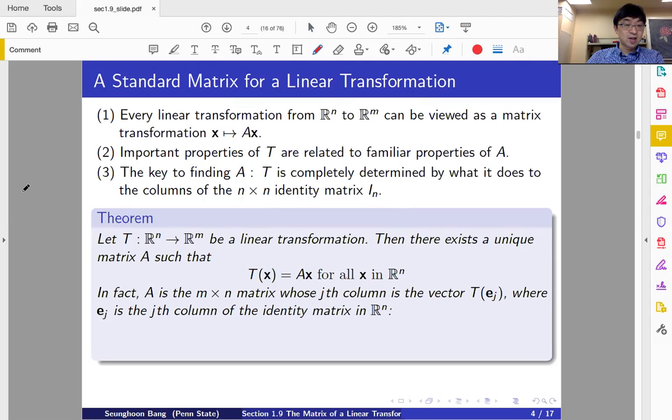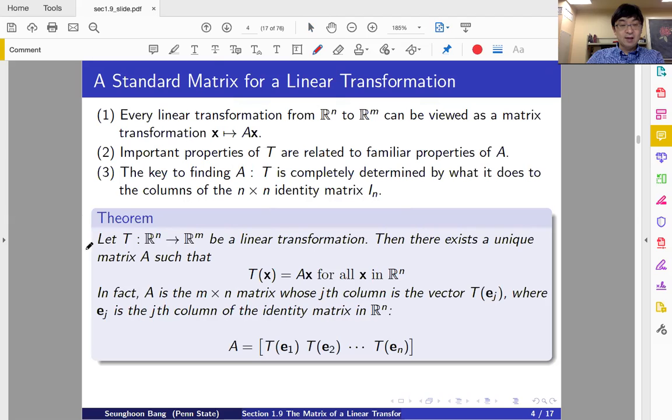What does ej mean? All entries are 0 except the jth entry, which is 1. Only one entry is 1, and the other entries are always 0.